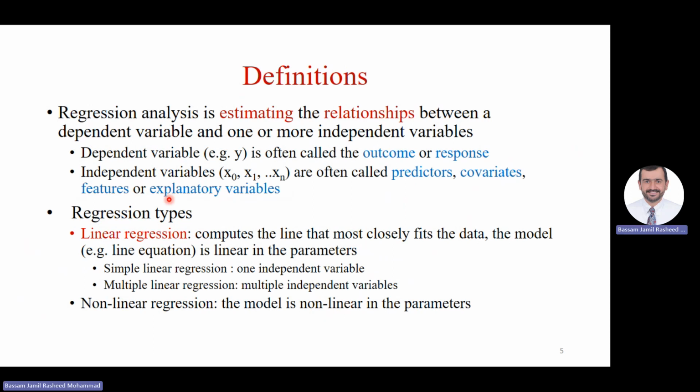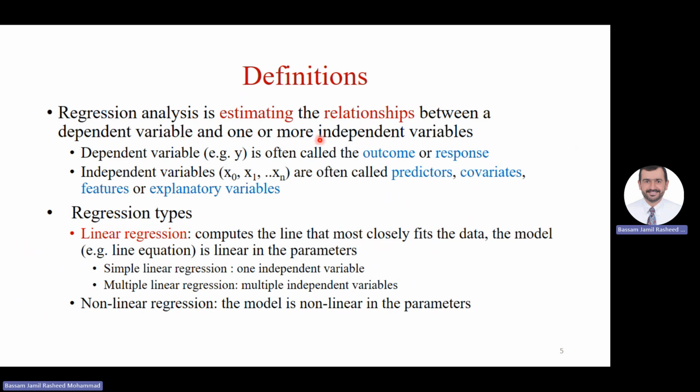So let's go through some definitions. Regression analysis is estimating the relationships between a dependent variable, okay, dependent variable. In the previous slide, the dependent variable was what? It was the grade.